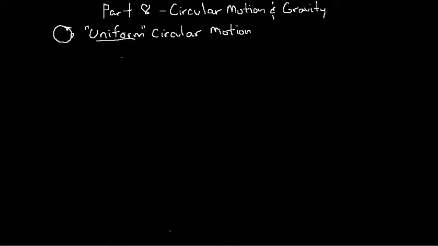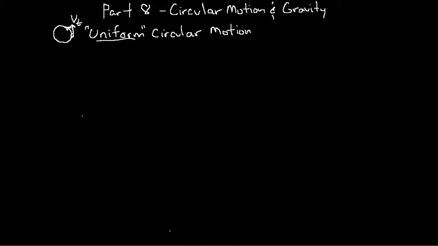We're talking about something called uniform circular motion. I have the word uniform underlined because uniform circular motion is a particular type of circular motion where you have an object moving in a circle at a constant tangential velocity, meaning that the tangential velocity as it's going around the circle is not changing.